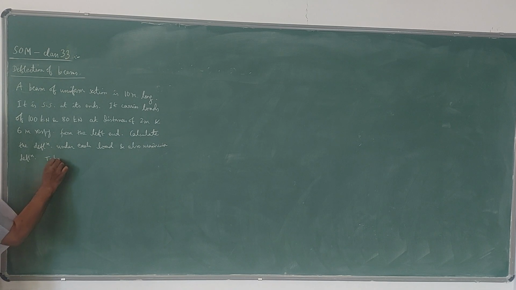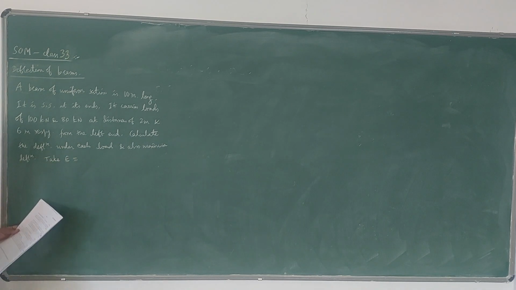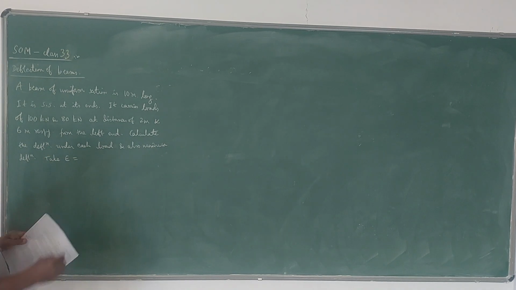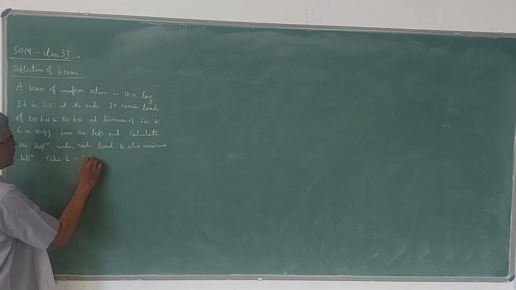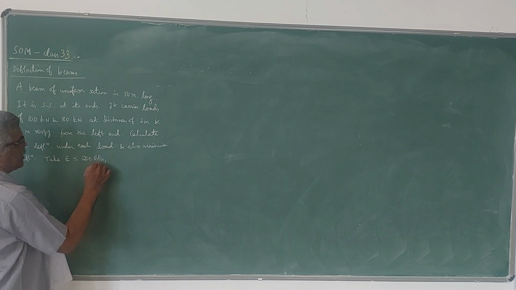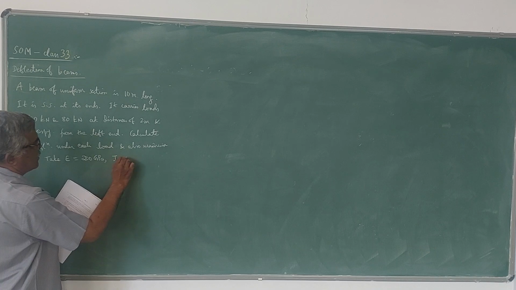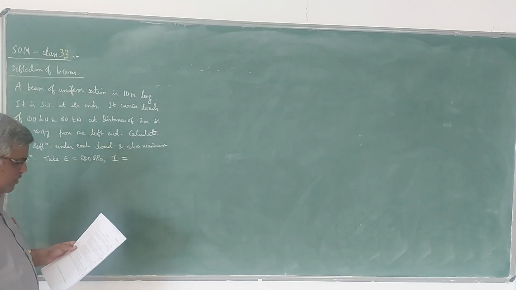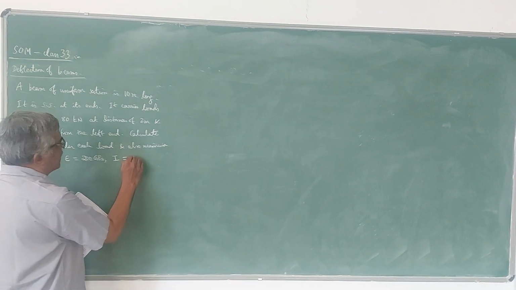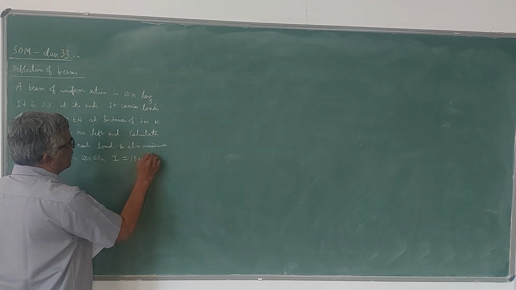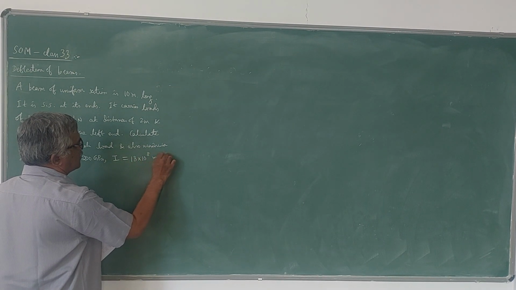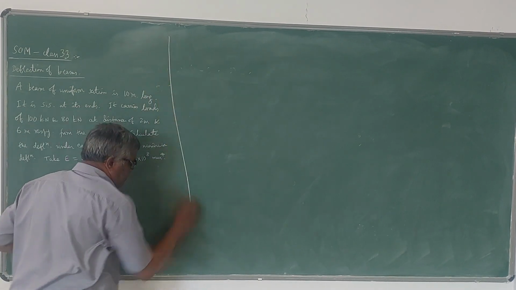Take E, the modulus of elasticity of the material of the beam, as 200 GPa, and the value of I, the moment of inertia of the section of the beam, as 80 into 10 power 8 millimeter power 4. So this is the problem given.